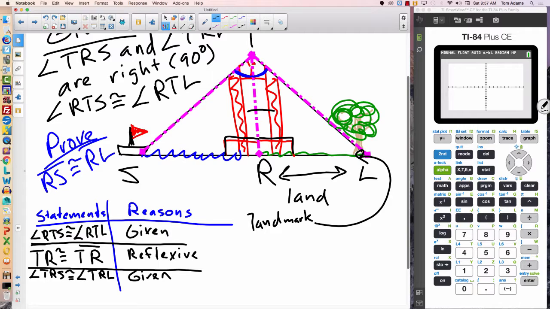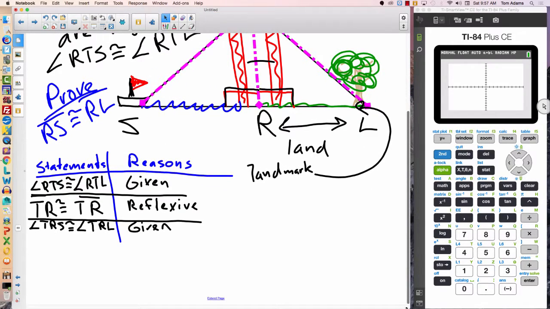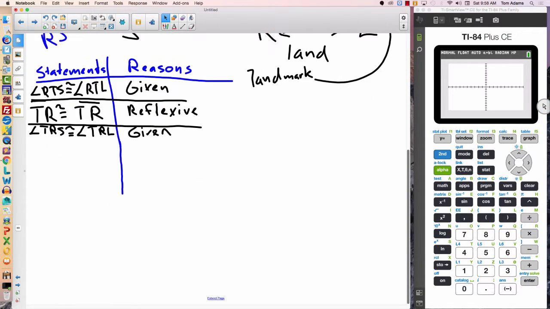All right. So now what I've just done, whether you guys realize it or not, is I've actually proven that the triangles are congruent. And now that I've proven that the triangles are congruent, it's pretty easy to prove that the corresponding parts are also congruent.